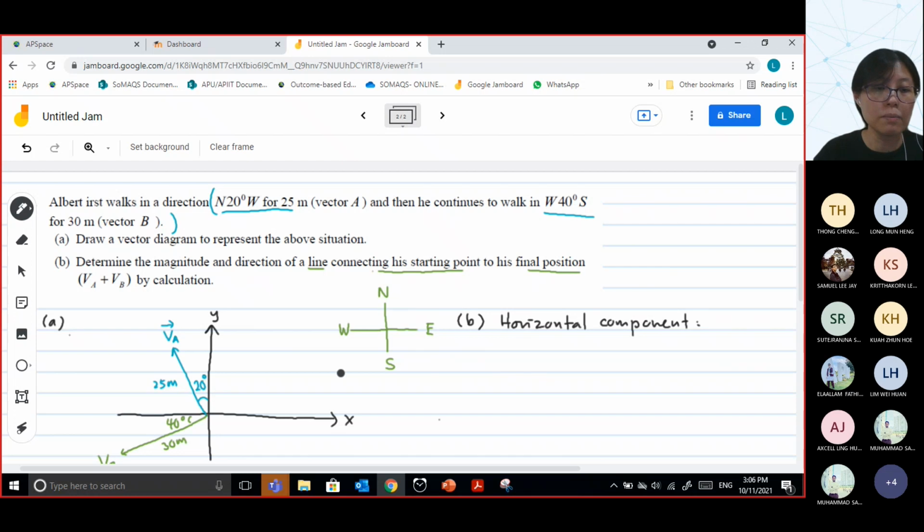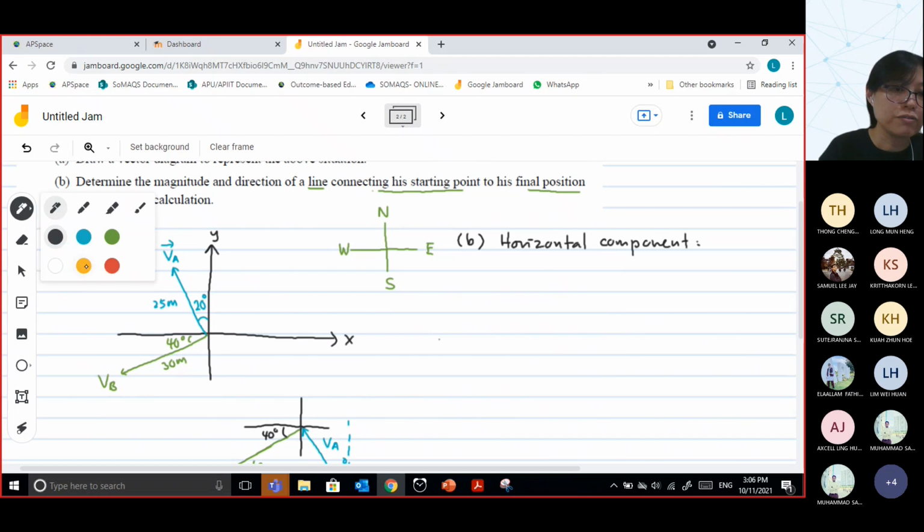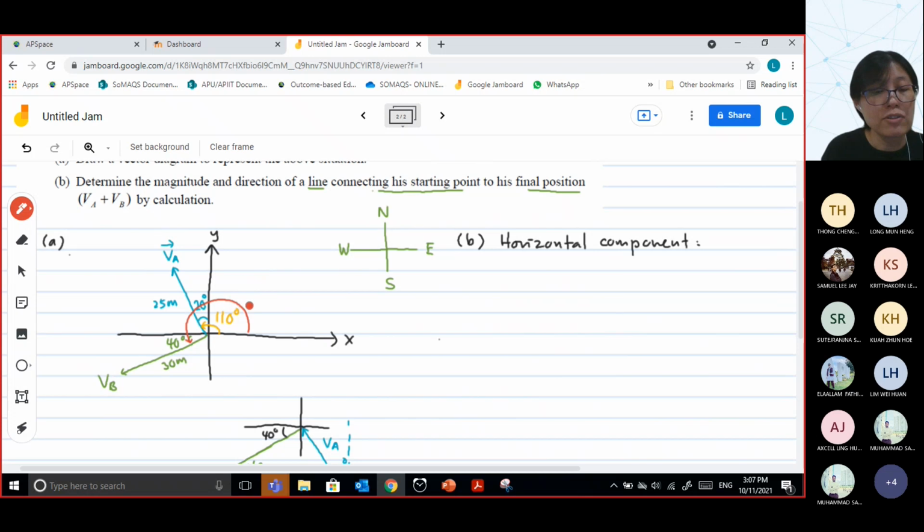For the horizontal component, maybe we can refer to this diagram. For VA, your vector is in the second quadrant, so you measure the angle from here to here. So 90 plus 20, which is 110 degree. For the second vector, it will be from here to here, that will be 180 plus 40, 220.